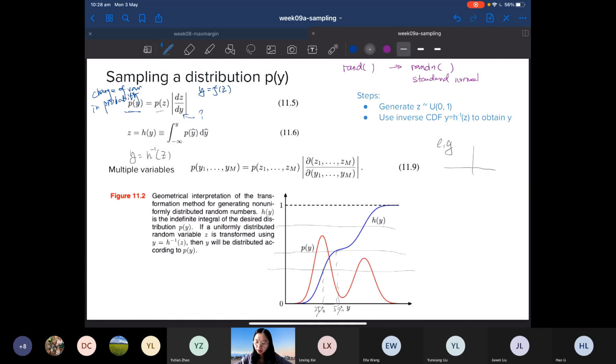As a simple extension, say we have this triangle-shaped y between -1 and 1, then how do we sample P of y given z, right? The extension to multiple variables is along the same lines of thought. Here, the transformation to a multivariate uniform distribution, where each dimension is different, is through the determinant of the Jacobian matrix, again using partial derivatives.